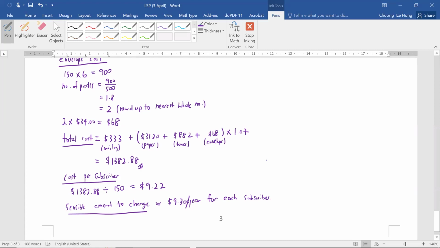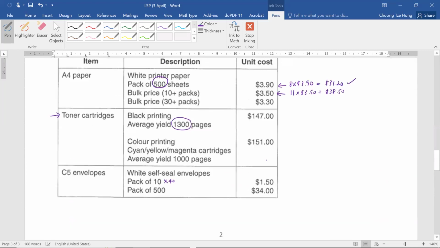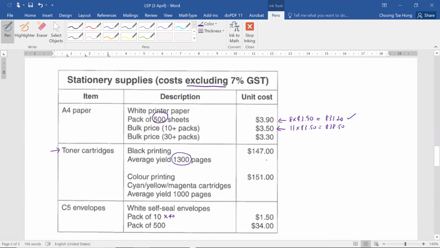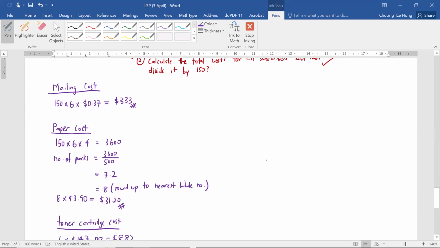So this is how you solve a question like this. Although they give you a lot of info, you go step by step, come up with a plan first, and most importantly, annotate your solution. One of the ways I presented here is to write a title for each item that you are calculating. It's also going to make it easier for you to follow along with your working.